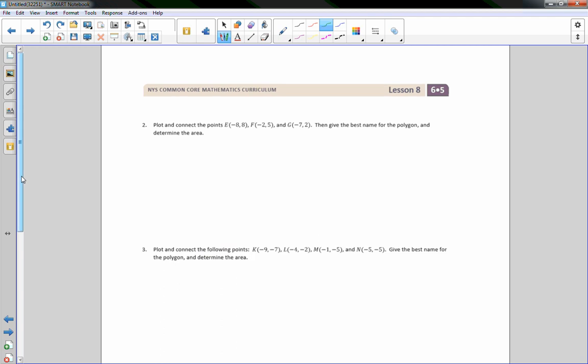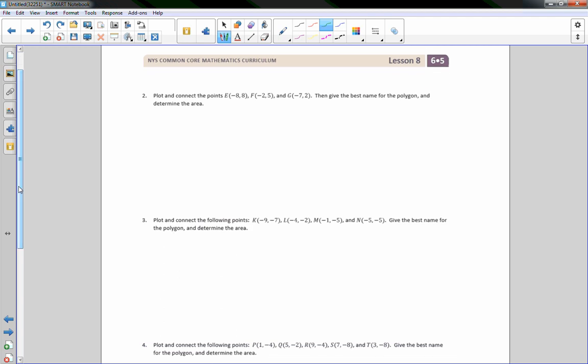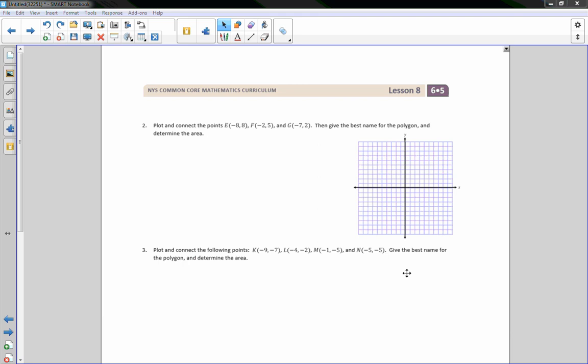Number 2, plot and connect the points E (-8, 8), F (-2, 5), and G (-7, 2). Then give the best name for the polygon and determine its area. So let me pause the video. I will copy the graph here so we can work on it. Okay, so here we have the graph that we're going to work with. A little bit smaller, but that's okay.